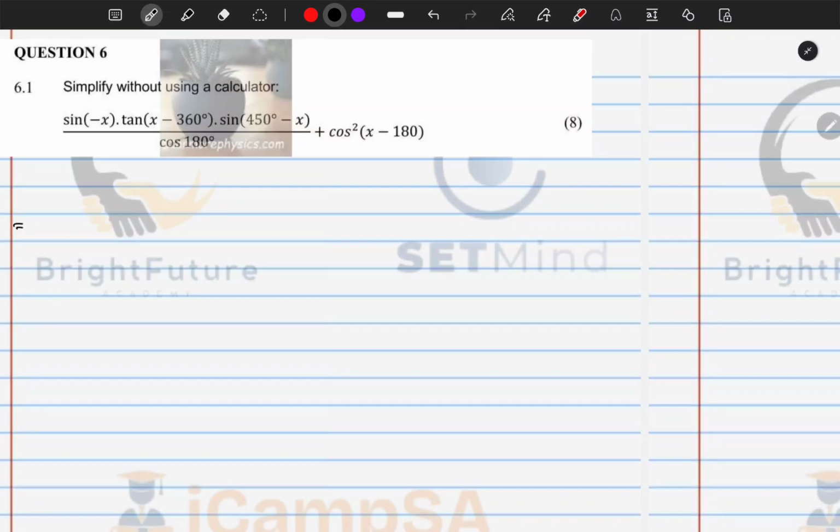So your sine of negative x, I can just take out the negative sign and then I will have sine of x times, this I can also arrange and say it's negative. I'll just put it in brackets. It's negative tan of 360 degrees minus x.